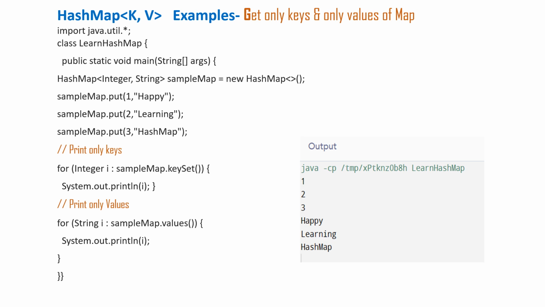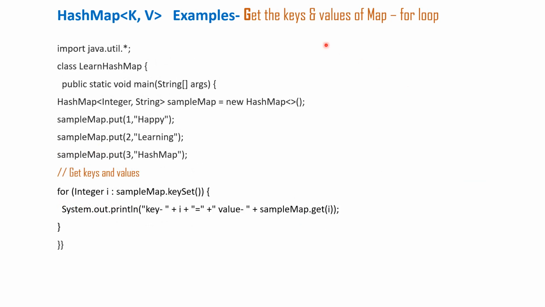Moving to the next one, get the keys and values of a map using the for loop. Before, we have seen separately only getting the keys and values in the hash map, right? So here we'll see how to get correspondingly a key equal to this value, this key equal to this value, using the for loop. Let's see.